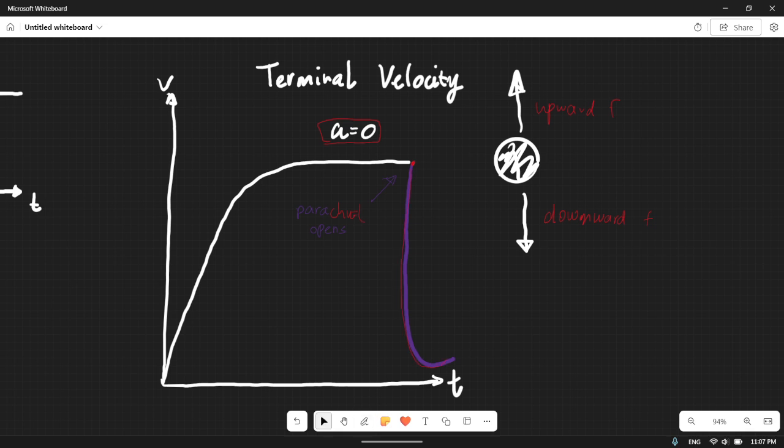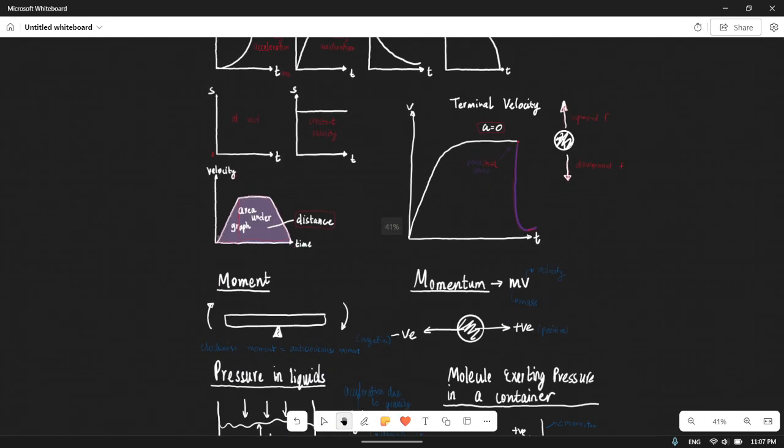Then suddenly the speed decreases, and then again at this point the parachutist reaches terminal velocity again, because the upward force, as we said, equals the downward force. So we are done with that.